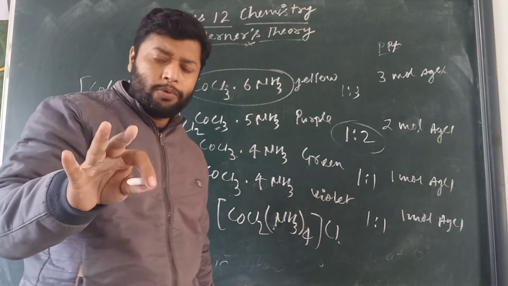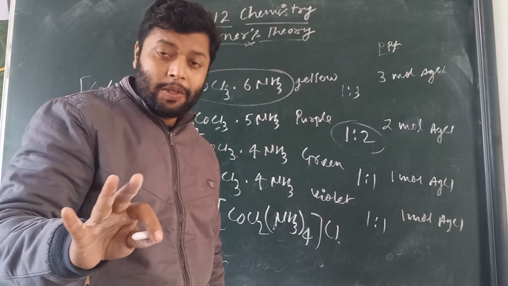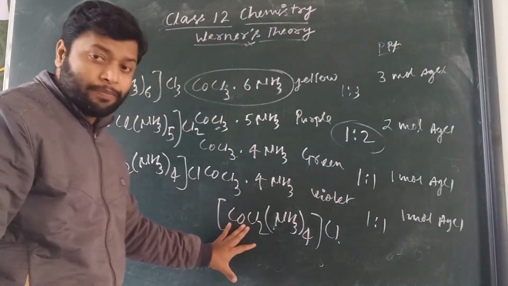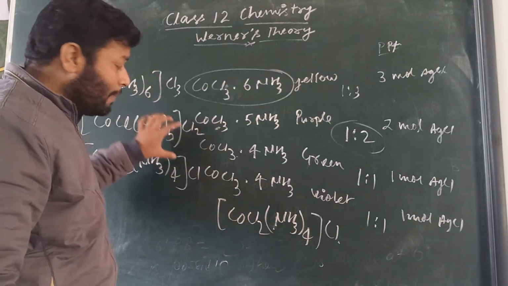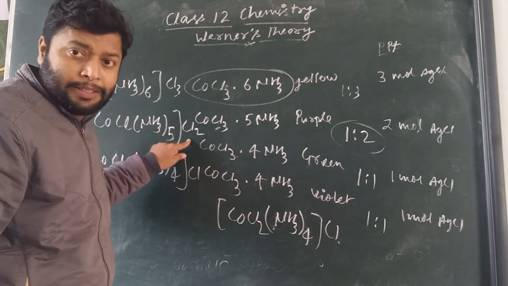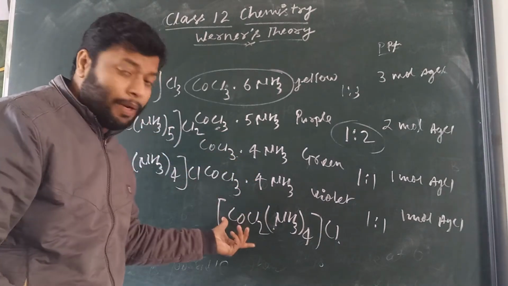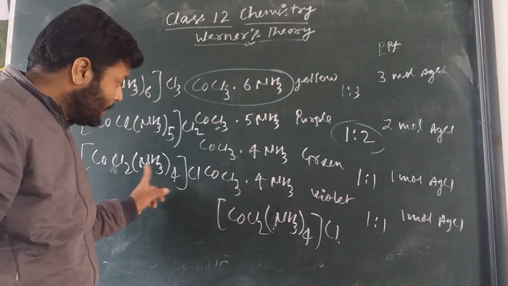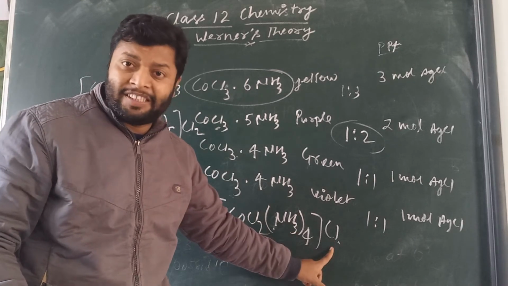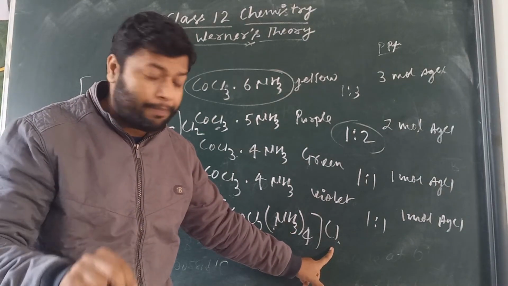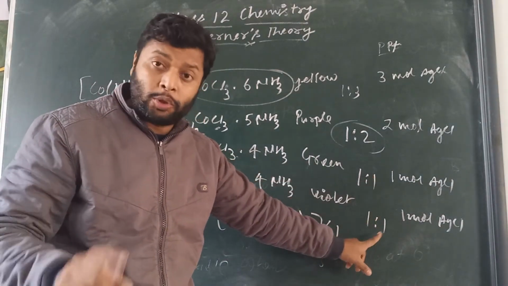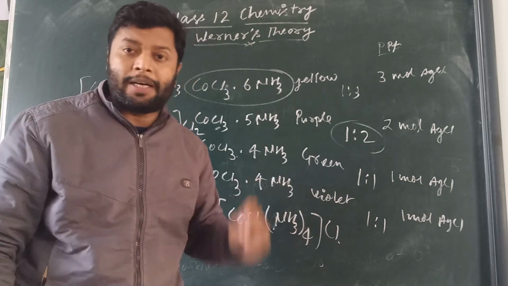Can any one of you give the answer? In the above 2 formulas, there is an ionizability difference and the number of ligands is different. But in the last 2 formulas, the formula remains the same, the ionizable ions, the counter ions, are also the same, and the conductivity of solution is also the same. Why do they have different colors?